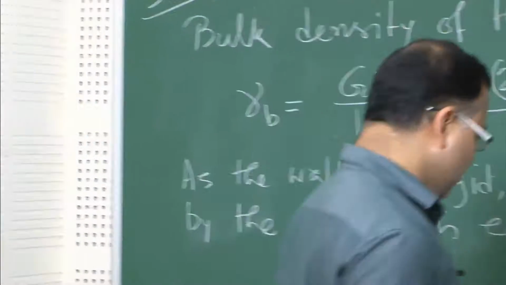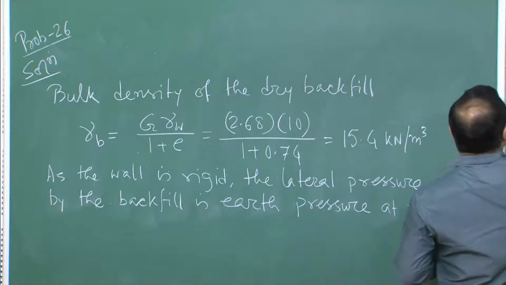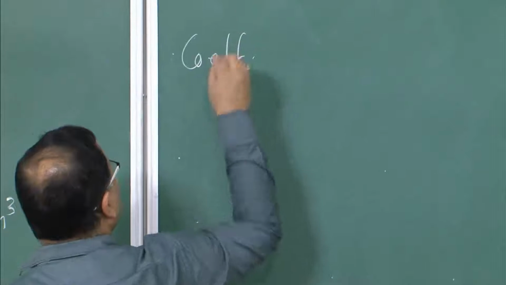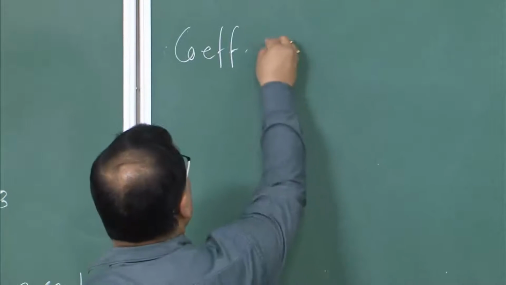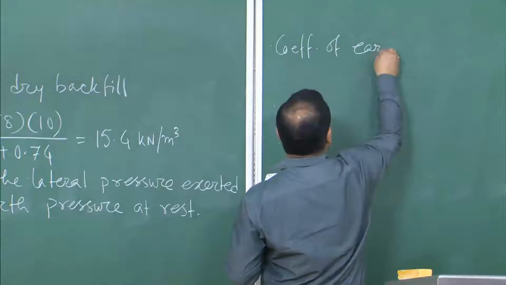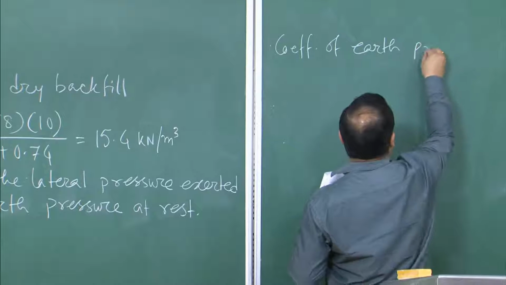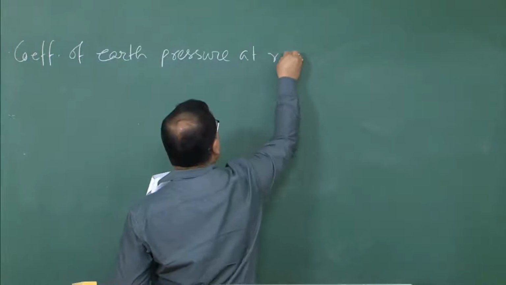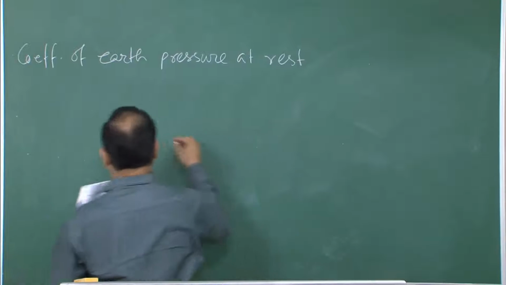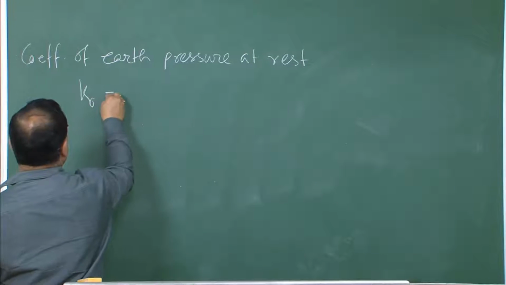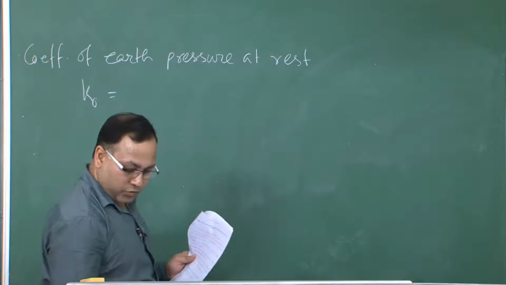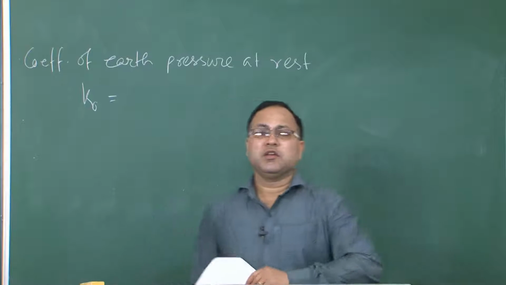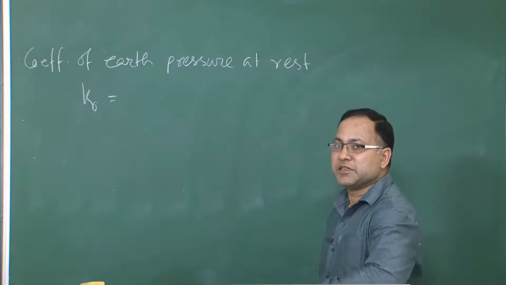Okay. So, therefore, coefficient of earth pressure at rest can be found out by K naught. So, what will be the expression for coefficient of earth pressure at rest condition?